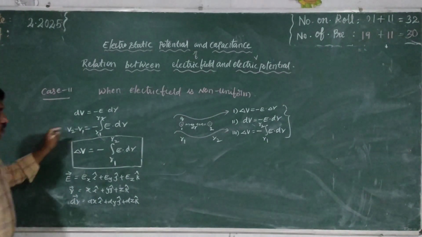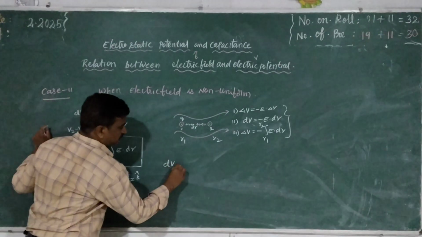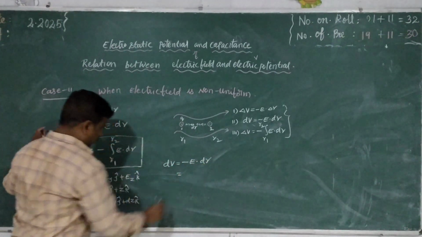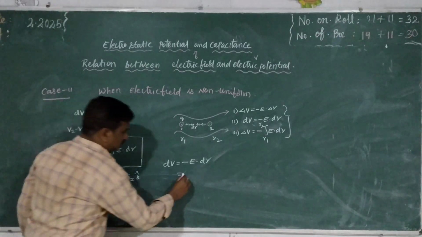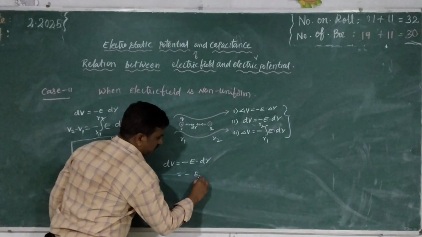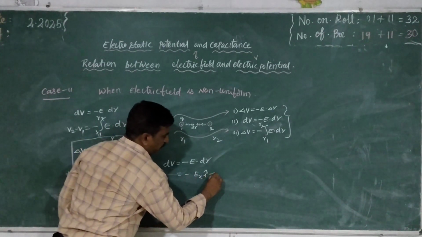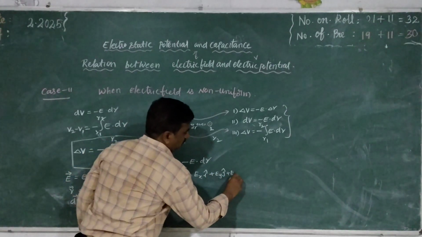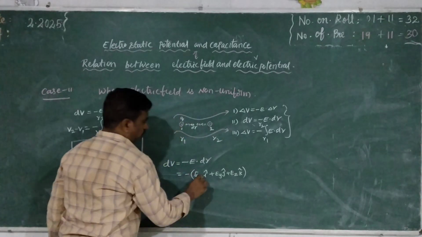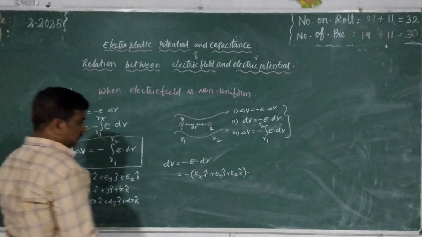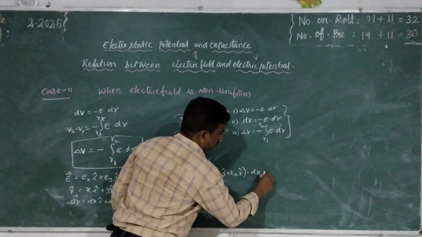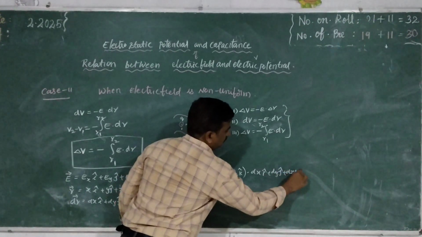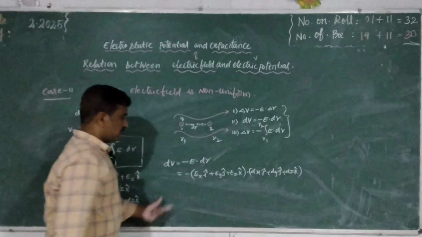See what now here we have? dV equal to what is the relation? Minus E dot dr. So E means here this one, Cartesian form. So Ex i cap plus Ey j cap plus Ez k cap dot dr, means this one, dx i cap plus dy j cap plus dz k cap. See here this dot product.